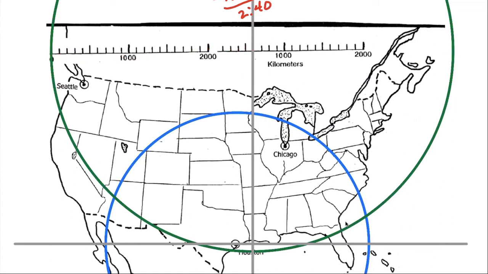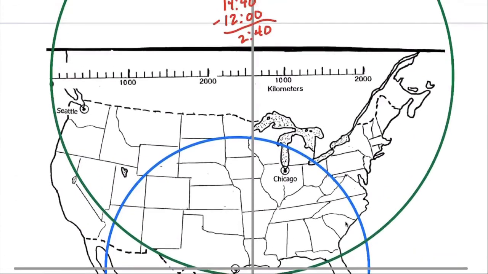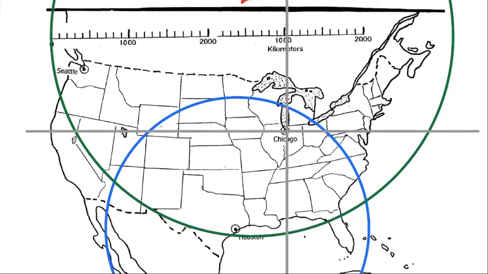All right, so that circle is ready to roll, and I've got to center it around Chicago. First thing I'm going to do, and you don't have to do this because you are probably doing this on paper, is get my crosshairs set over Chicago and get Chicago locked in. So that's right there.